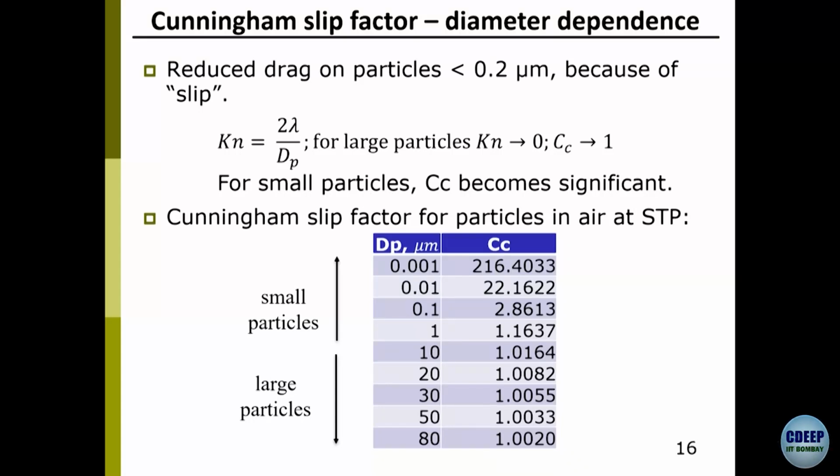So, this is something which is very special to aerosol science, if you will, and we teach it, we understand, and what does this do to drag on a particle.